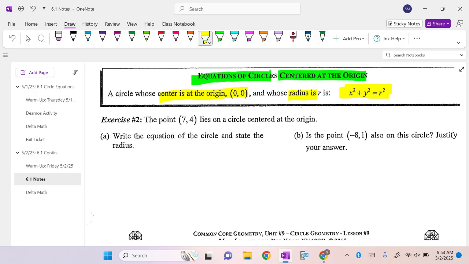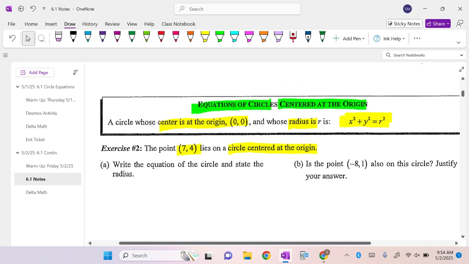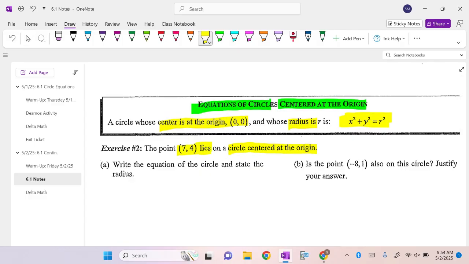So we're trying to figure out if the point (7, 4) lies on a circle centered at the origin. So the point (7, 4) lies on the circle. It does, in fact, lie on the circle, and it's centered at the origin.